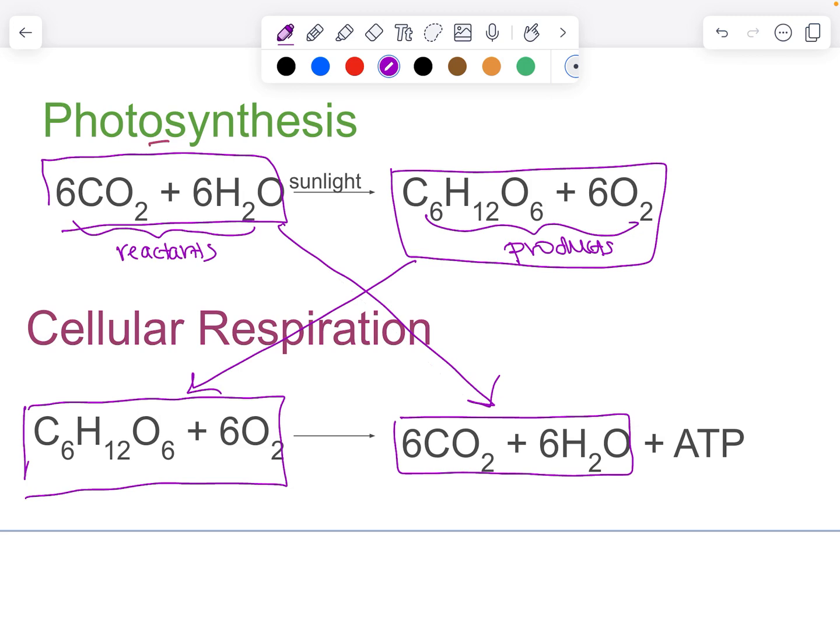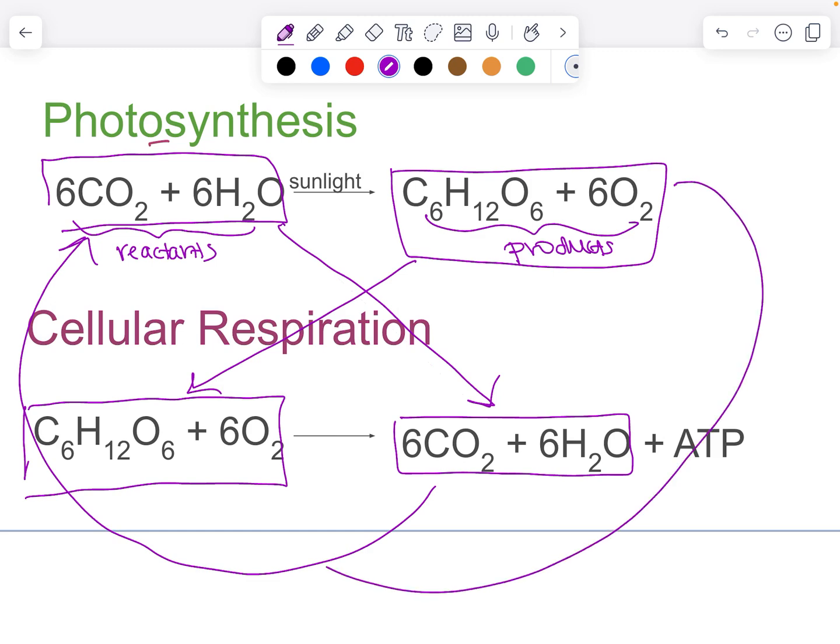So the biggest thing that I want you to take away from this is that photosynthesis cannot occur without cellular respiration, and cellular respiration cannot occur without photosynthesis. So it's almost like a cycle where one has to happen in order for the other to happen, because then there would not be the reactants to either chemical process.